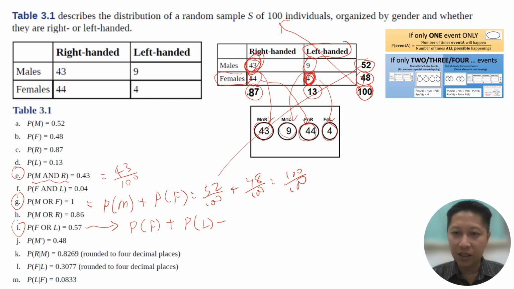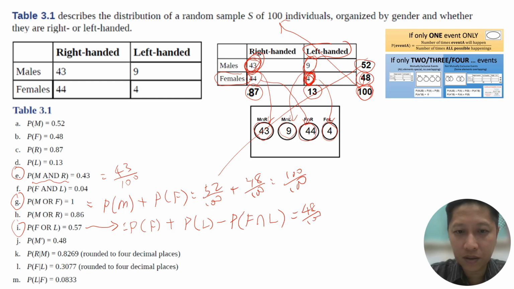Even though this is a mutually exclusive scenario, however, when there is so-called overlapping, the existence of the intersection numbers there, we still need to use the non-mutually exclusive formula. So we're going to minus how many are female and using the left hand. Probability of getting a female equals 48 over 100.